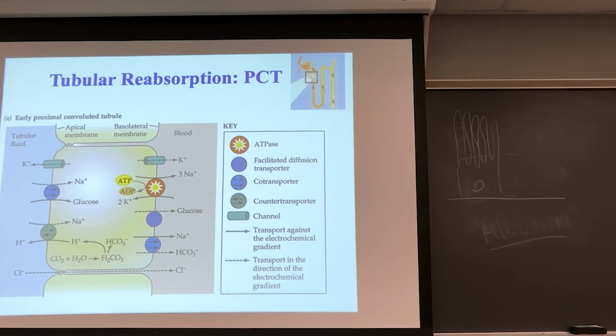And so that allows you to add lots of proteins, these symporters, these antiporters. Notice that everything's driven by the sodium-potassium pump. It's going to be the driving factor of all of these mechanisms. But when you look at a PCT epithelial cell under an electron microscope, there are thousands of mitochondria concentrated in the basal compartment, right? And they're producing the energy necessary for the sodium-potassium pumps.